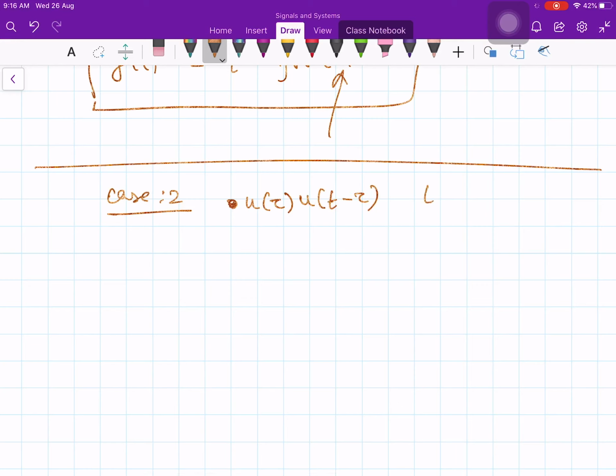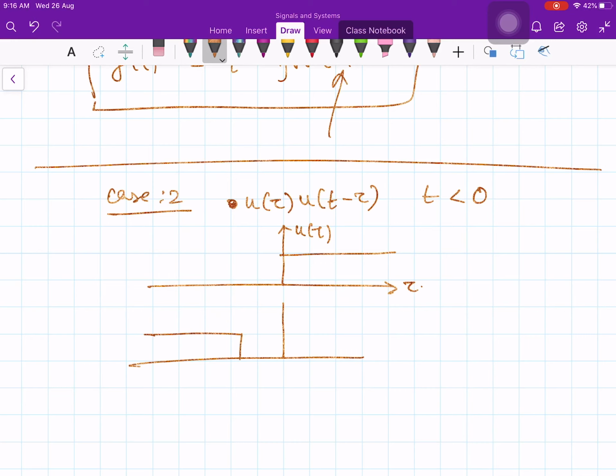In this case, this is your u of tau, right? Then this is your u of t minus tau when t is less than 0. This is somewhere where t is. Now there is no overlapping area if you look at these two.